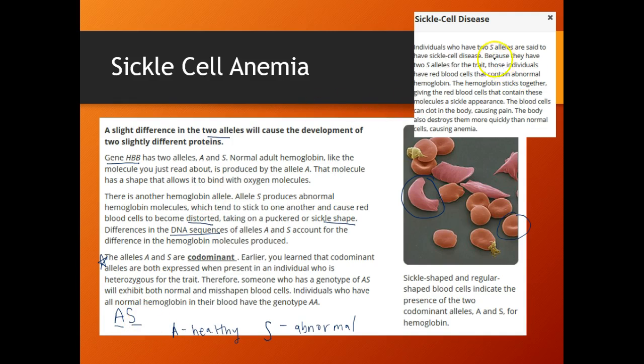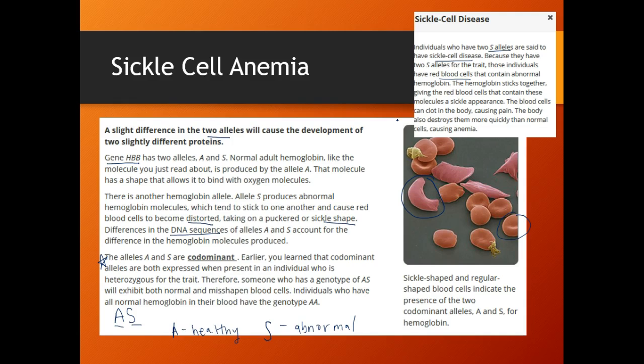So individuals that have two S's, which are two abnormal alleles, have something called sickle cell disease. Because they have two S alleles for the trait, those individuals have red blood cells that contain abnormal hemoglobin. So all of their blood cells have that abnormal shape. So the hemoglobin sticks together, giving the red blood cells that contain these molecules a sickle appearance.